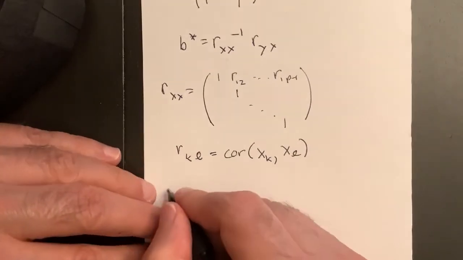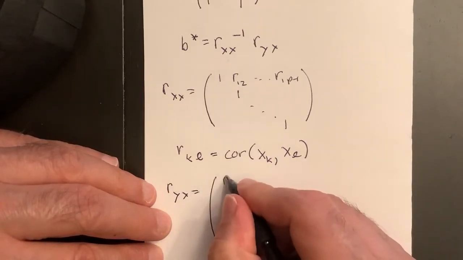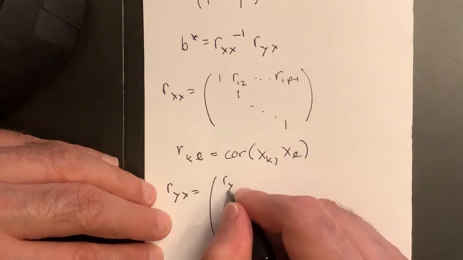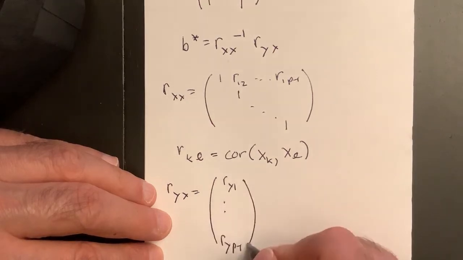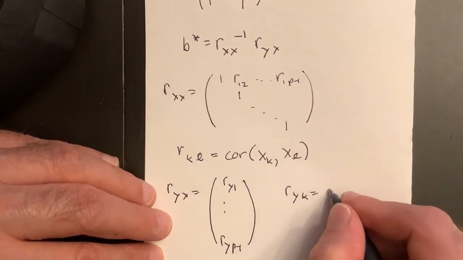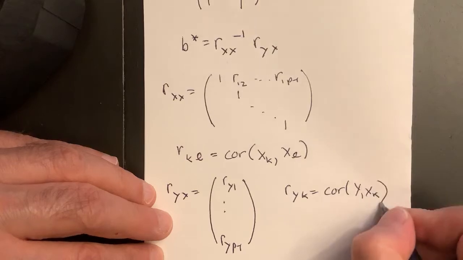And ryx is r_y1 through r_y,p minus 1, where r_yk equals the correlation of y and xk.